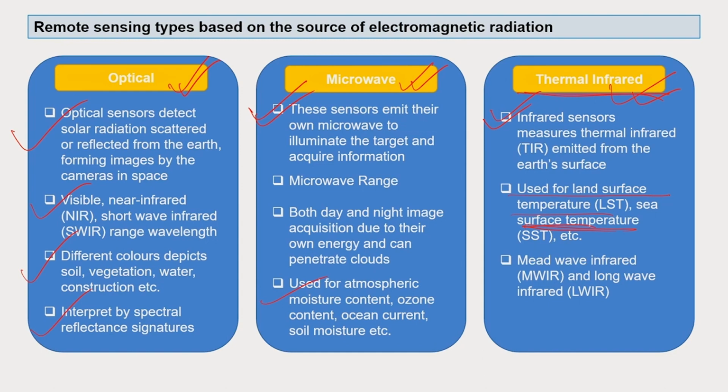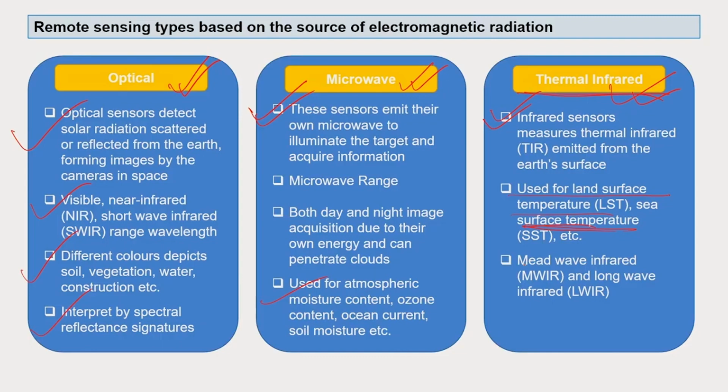It helps very significantly in climate change research. Then we have mid-wave infrared radiation and long wave infrared radiation. So these are basically the three different types of electromagnetic radiation which decide the different types of remote sensing we can use for various purposes.